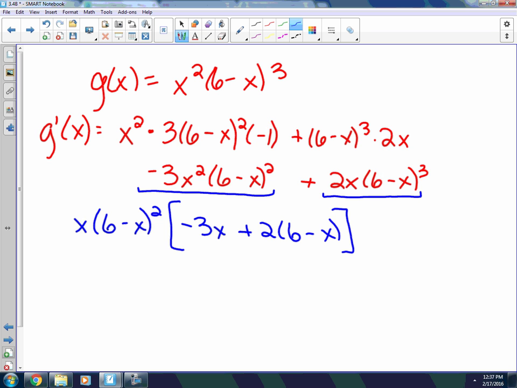We'll make sure we're okay before we go any farther. Okay, now I'm going to simplify inside those brackets. This is going to be -3x plus 12 minus 2x, which is going to simplify to this.